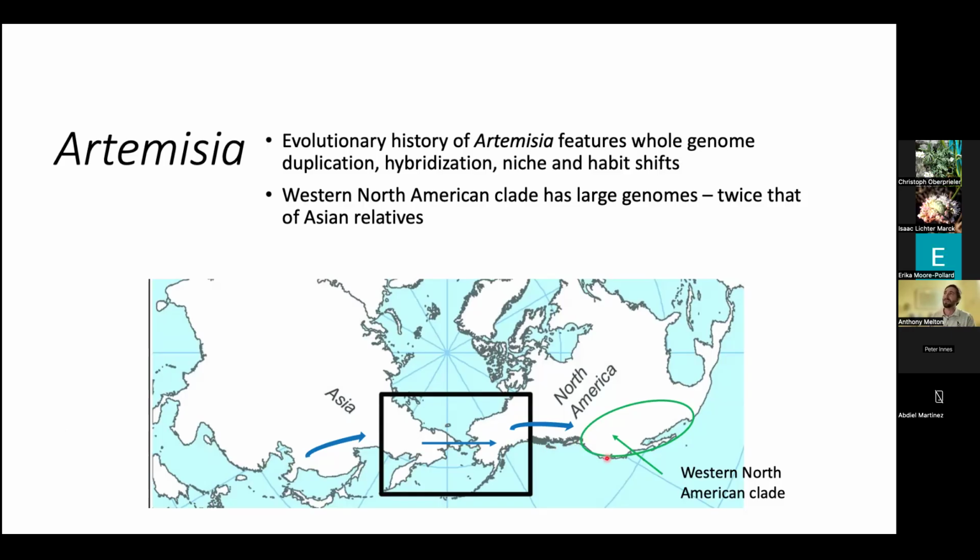We also see within this group shifts from being herbaceous annuals to woody perennials. We also see that this clade has relatively large genomes compared to other members of Artemisia, about twice the size of its closest Asian relatives.